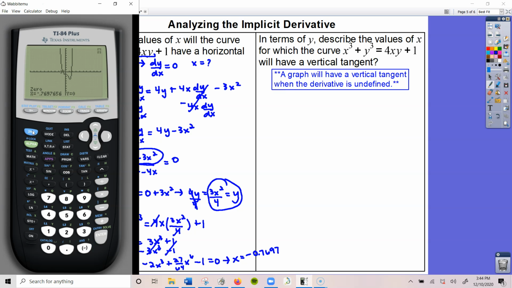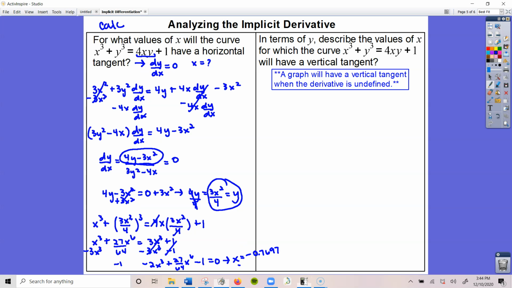So I'll go ahead and go to second calc again, option 2. Now I'm looking at the right x-intercept, so I'm going to go to the left of that x-intercept, and then to the right. And we get 1.7321. So these would be my 2 x's that would give me a horizontal tangent of 0.